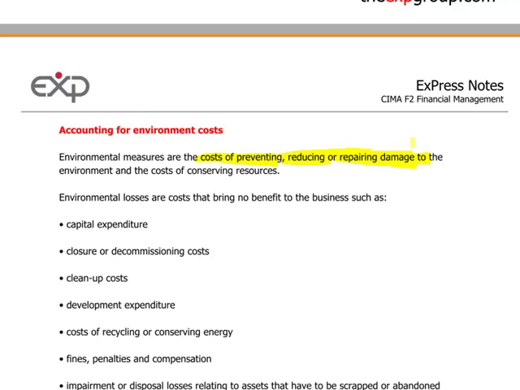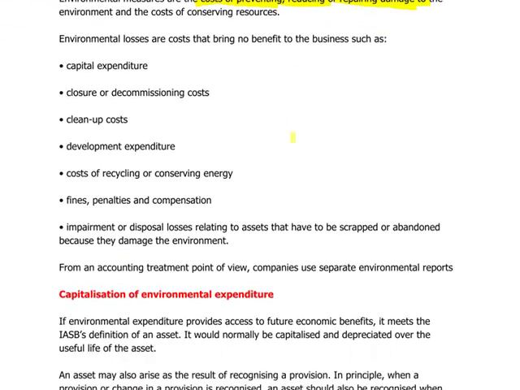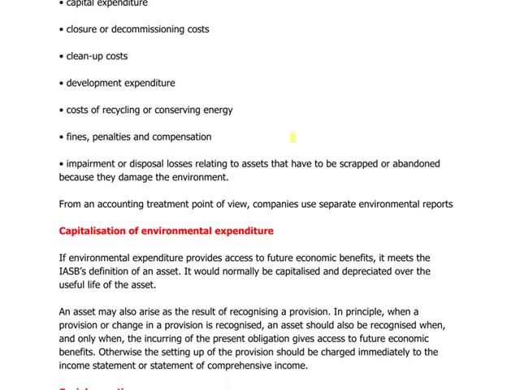And think of Shell or the disasters that these oil companies suffer when a ship is broken in the ocean, and the damage is caused, and it's irreversible when you kill all the animals in the sea and so on. So what we have to focus on with environmental costs is, can we prevent it? There are numerous costs that could arise from here, and I'm sure you can go through them and they will seem familiar to you.